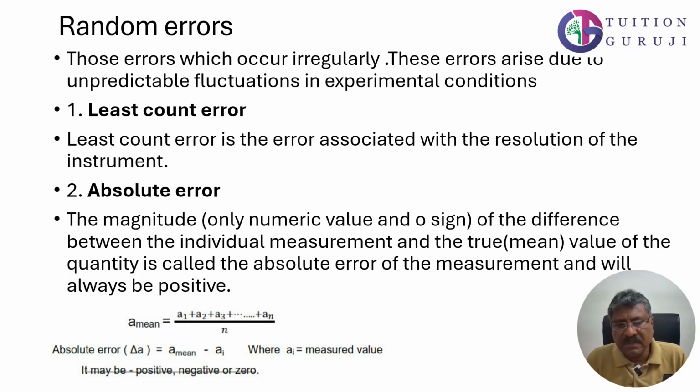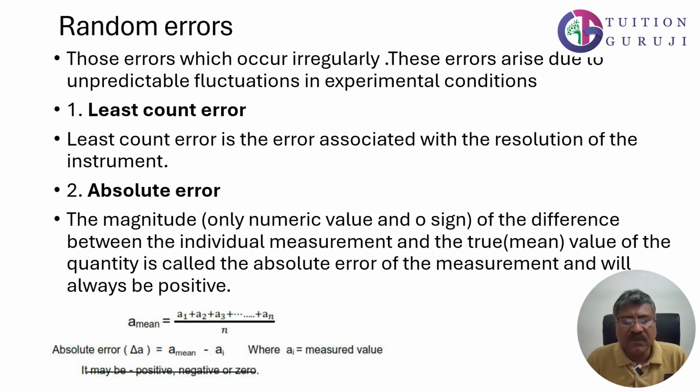Least count error, for example, is the error associated with the resolution of the instrument. Least count is the smallest quantity that can be measured accurately. So in a meter scale, the smallest possible value that can be measured is actually 1 mm.